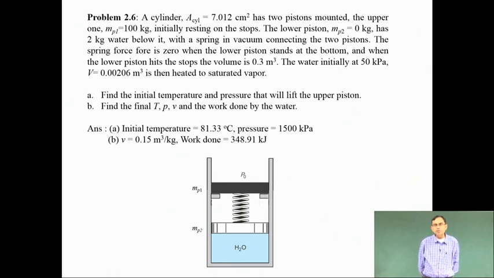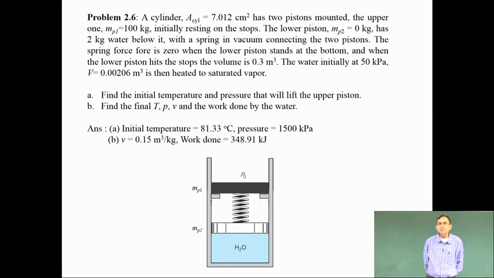So, the medium in which the spring is there is in vacuum, there is no pressure from that medium. The spring force is 0 when the lower piston stands at the bottom, again it is a hypothetical state, and when the lower piston hits the stops, the volume is 0.3 meter cube.